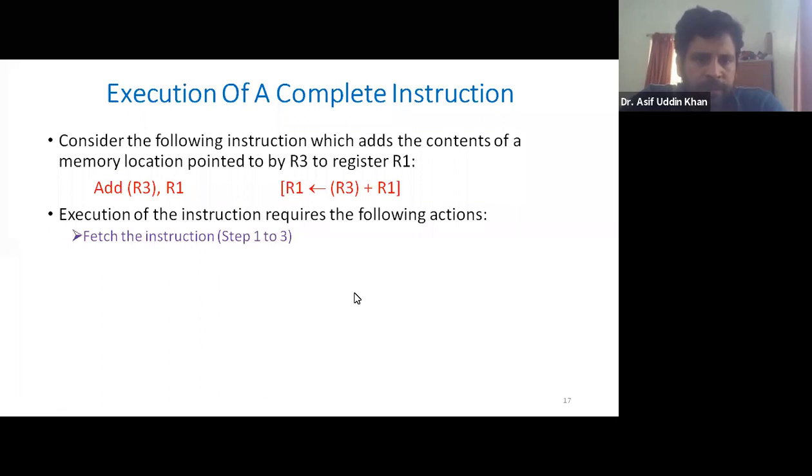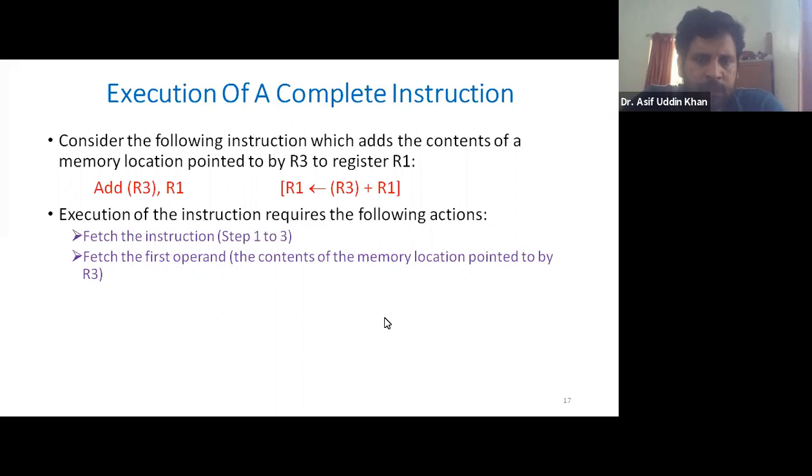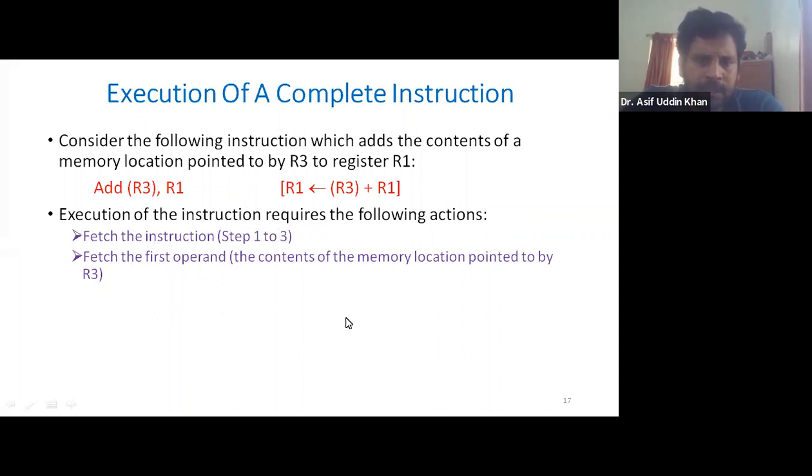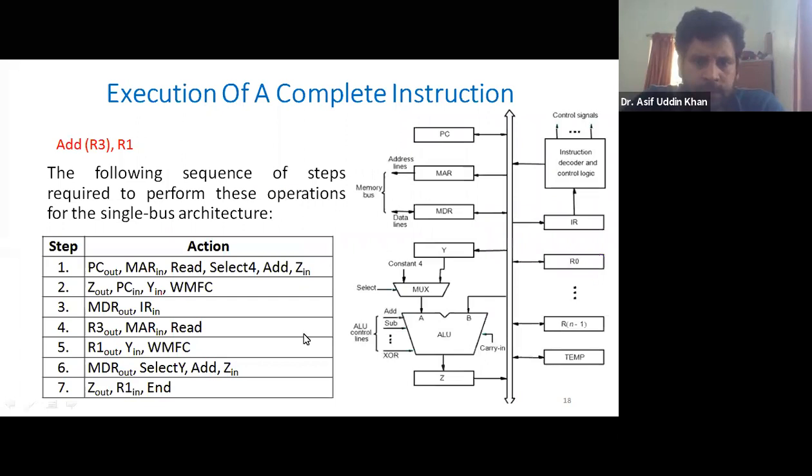So now we will discuss the control steps which are required to execute this instruction in a single bus processor architecture. In a complete instruction execution, first of all the instruction needs to be fetched from the memory.